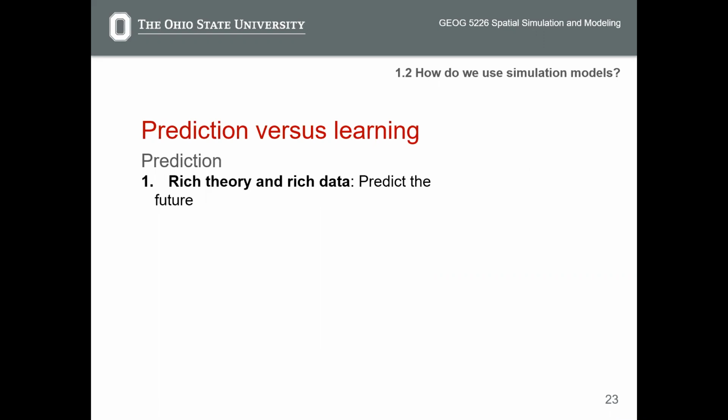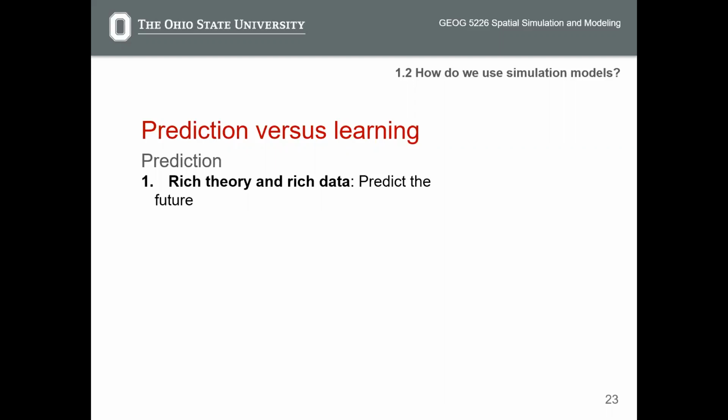Okay, in general, there are two purposes. It's either prediction or learning. For prediction, usually we need to have rich theory and rich data, which means that we need rich, reliable theory to create a reliable model.